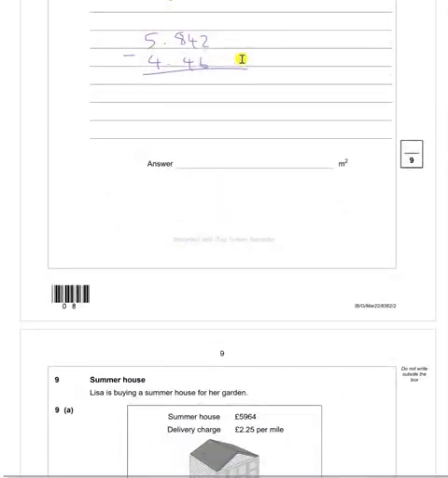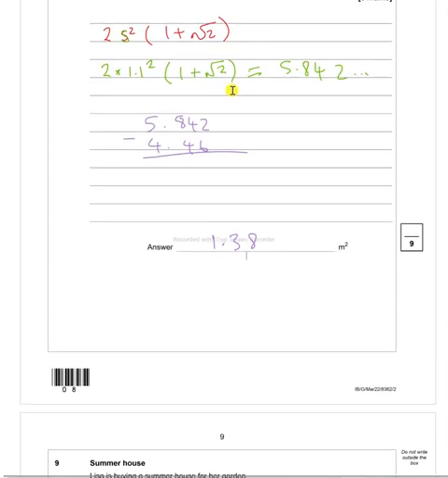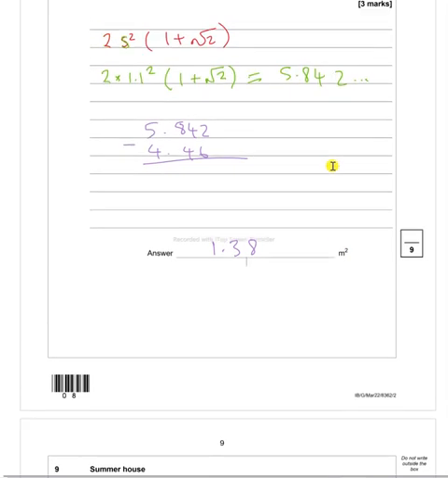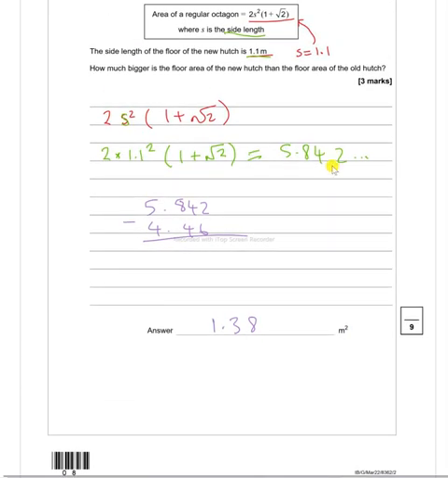It's a calculator job, so minus 4.46 is 1.38. 1.38 square metres bigger, and that's how you do it. So the key to this is substitution. So look, that's S. They've told us S is 1.1, and we just literally replace this S with 1.1 and put that into the calculator.